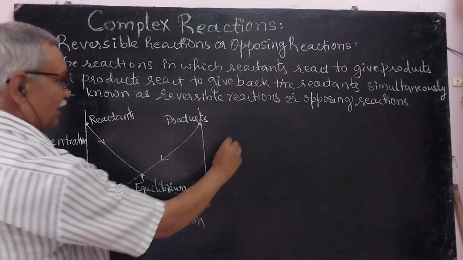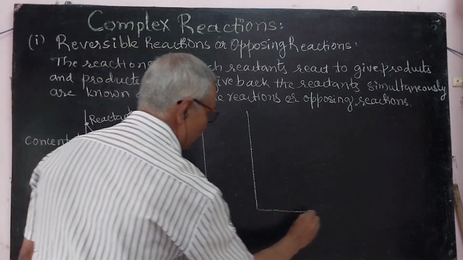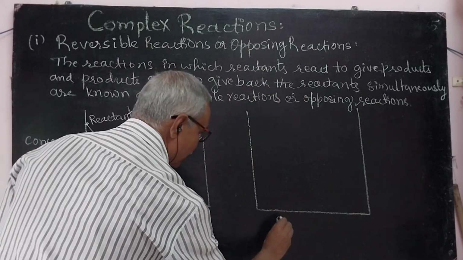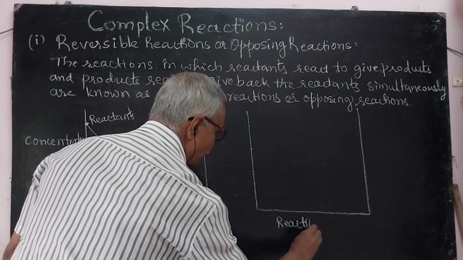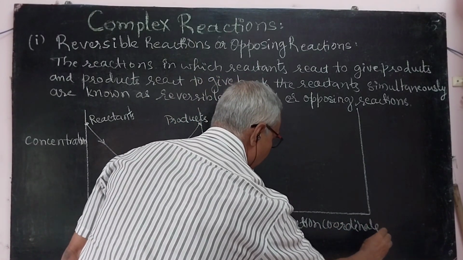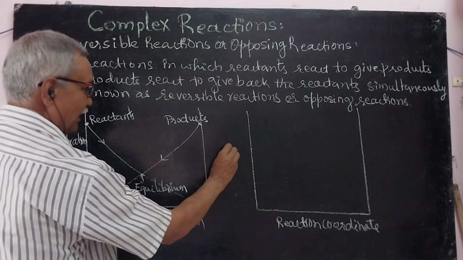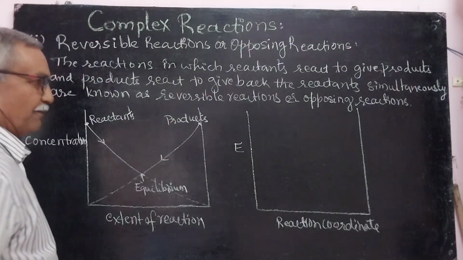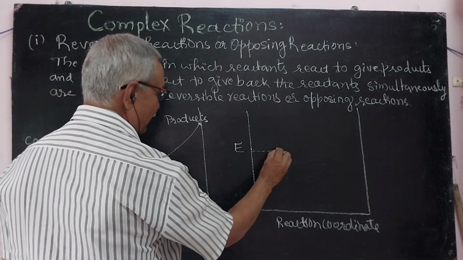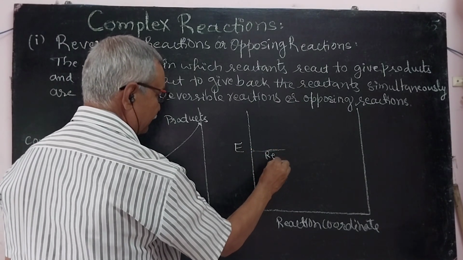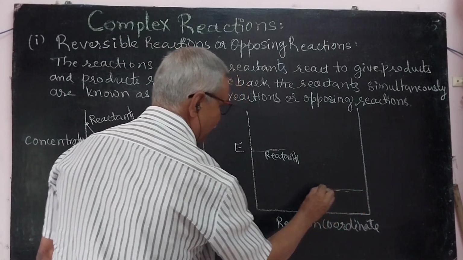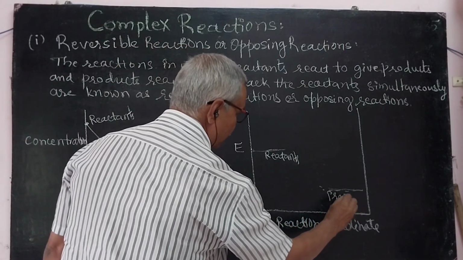Now about the energy of activation. It can be explained with the help of the energy barrier diagram. This is reaction coordinate. Here the energy. Now suppose this is the energy level of the reactants and this is the energy level of the products.